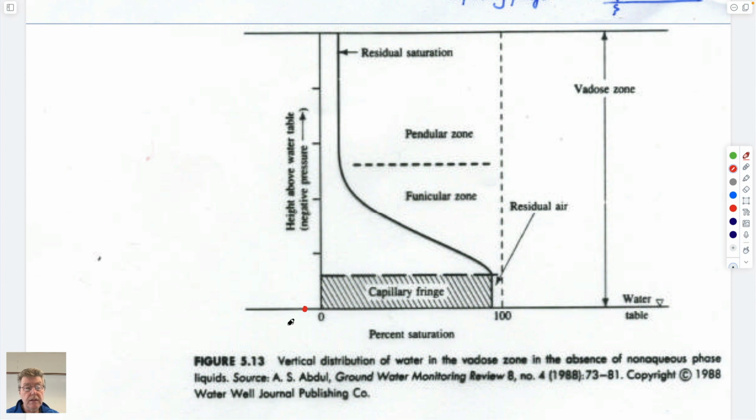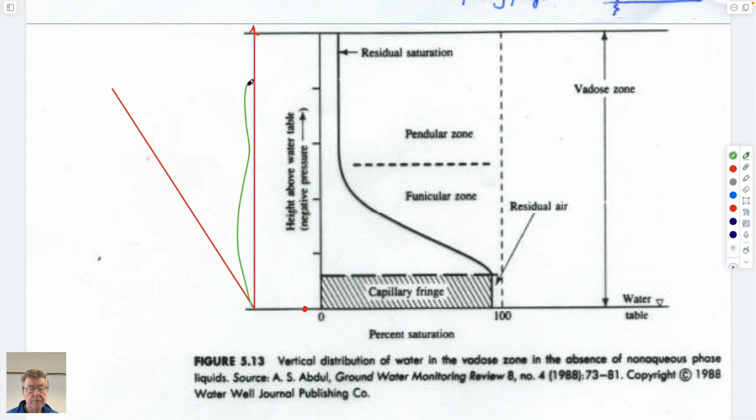But as you go up within the continuous water phase, I don't know, did we use red for water and green for air? So this would be capillary pressure. In the water, as we go up, this then is the capillary pressure, this difference between these two. And as you go up this curve, it's just the same as going up the capillary pressure versus saturation curve.